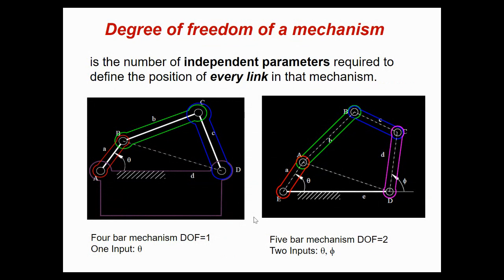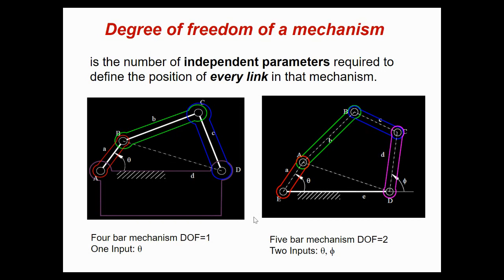Now to make things a little bit more complicated, we talk about the degree of freedom of a mechanism. A mechanism is when all the links are connected to each other.